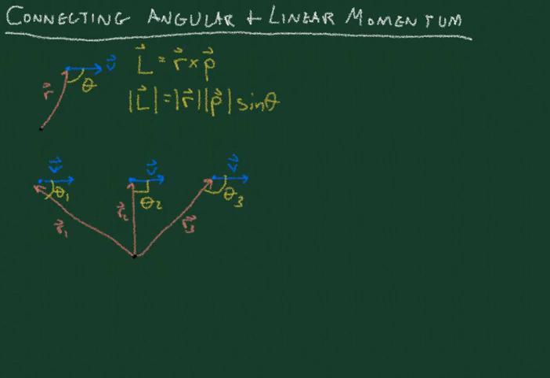Okay, so now let's look at the angular momentum at all 3 points. For the first point, the magnitude of L1 is going to be the magnitude of R1, magnitude of V, times sine theta 1.